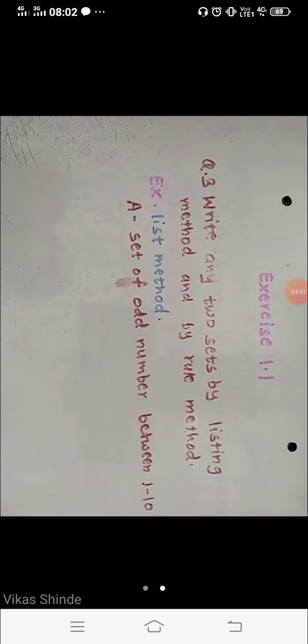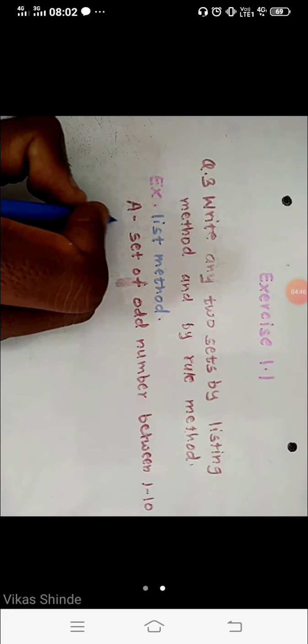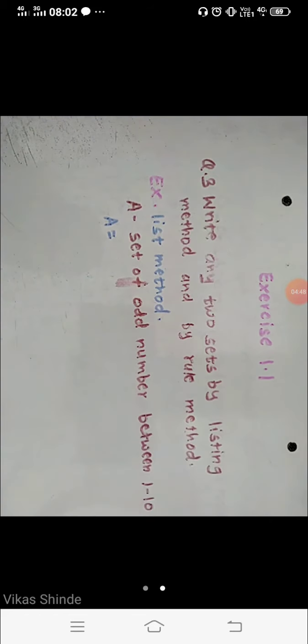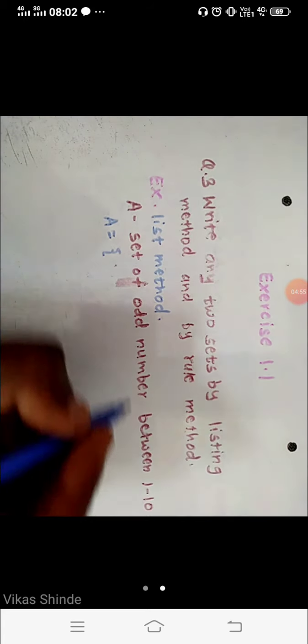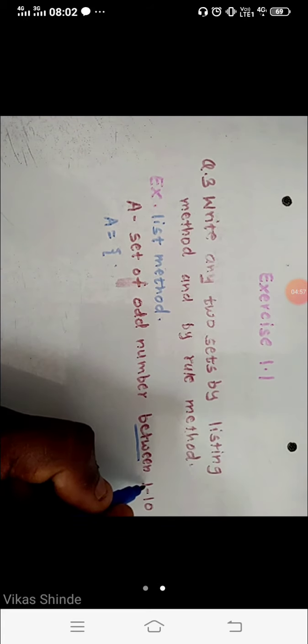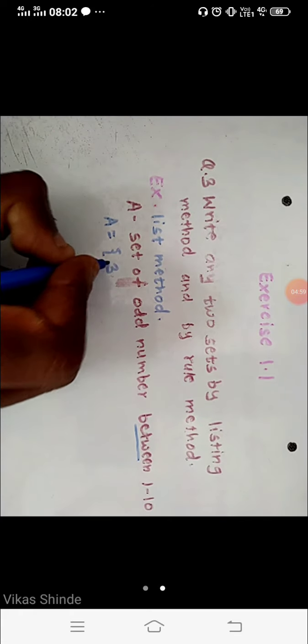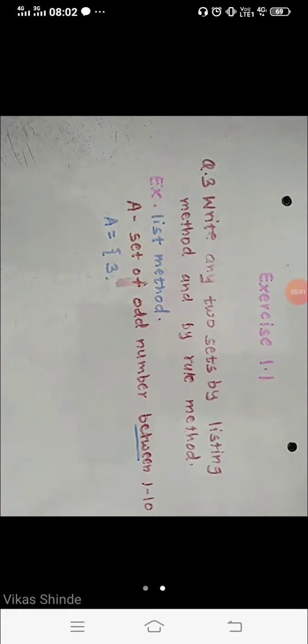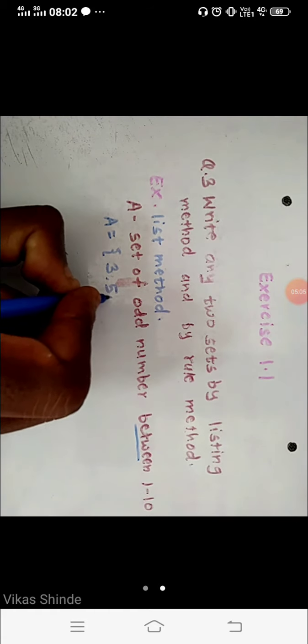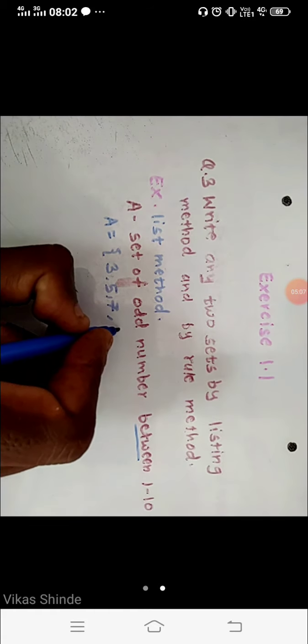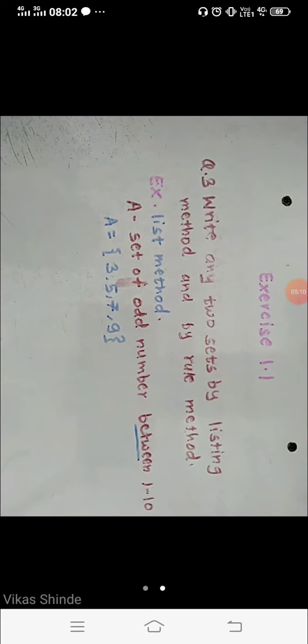So we have to write only odd numbers here. A set is represented by a capital letter. We have to list all the elements inside the curly bracket. The word here is between, so we have to begin from 3 now. Between means the middle numbers. In between those two numbers: 3, then 5, then 7, then 9 here. Okay, these are the odd numbers here.